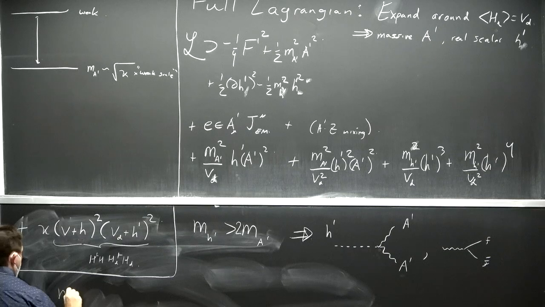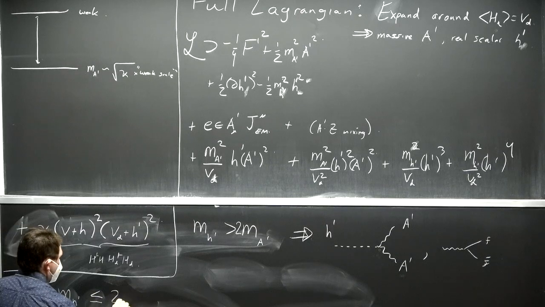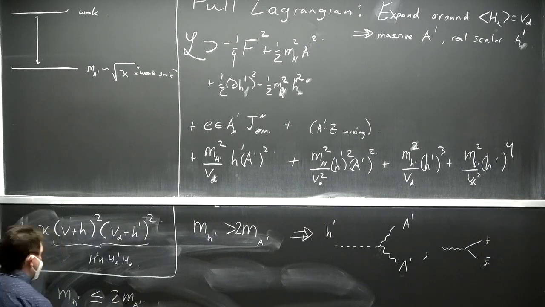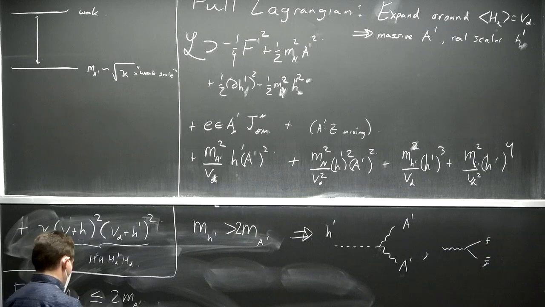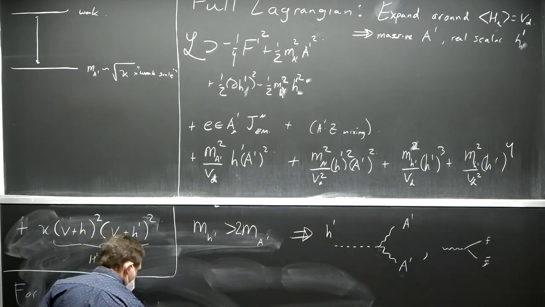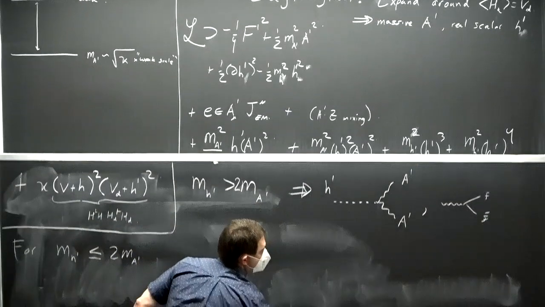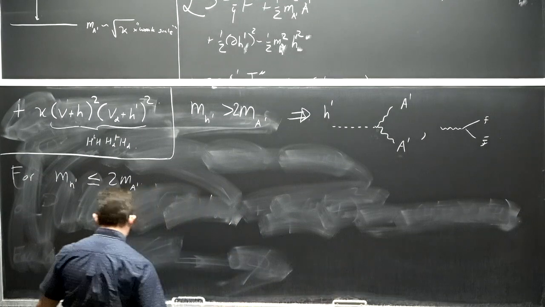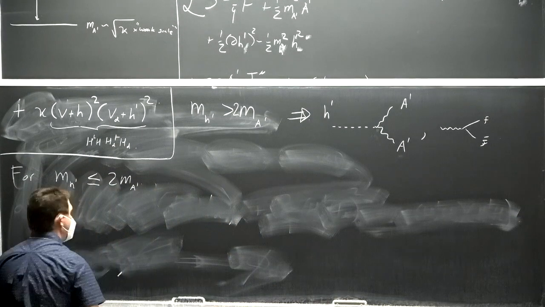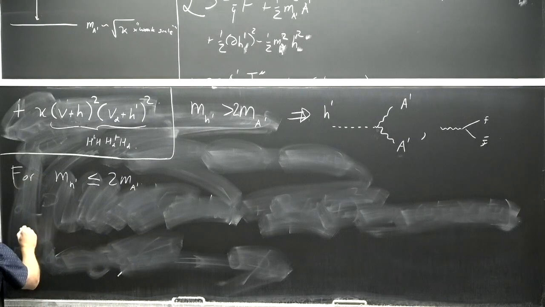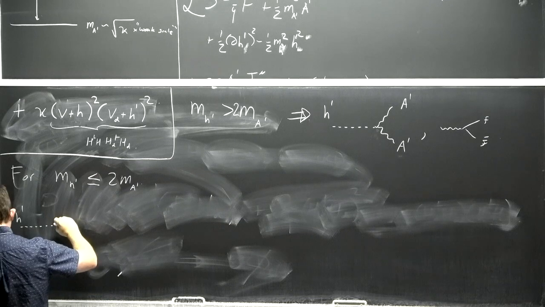And then if we go to the regime where we're less than twice the A prime mass, things get interesting. In this case, we start with the Higgs. There's actually a couple of different things that can happen.